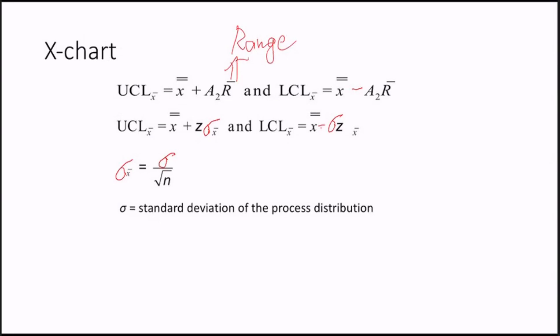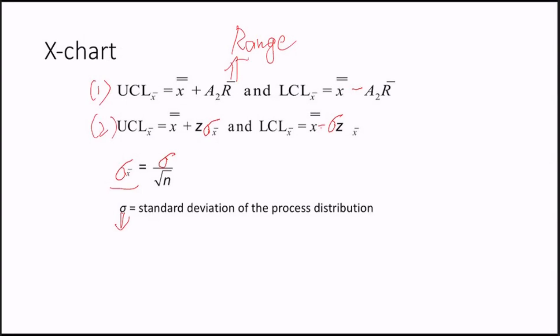Then we can choose the first way to obtain the upper limit, the lower limit, and the average, the center line. If we know the standard deviation, the sigma, then we will be able to obtain sigma x. So we will be able to use the second way to obtain an X-bar chart.